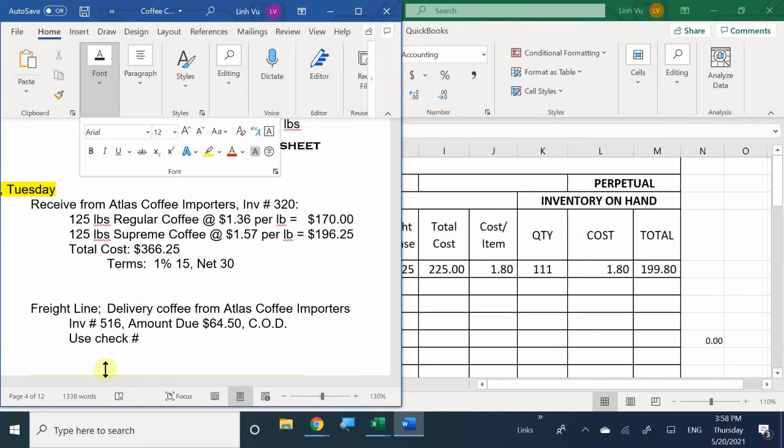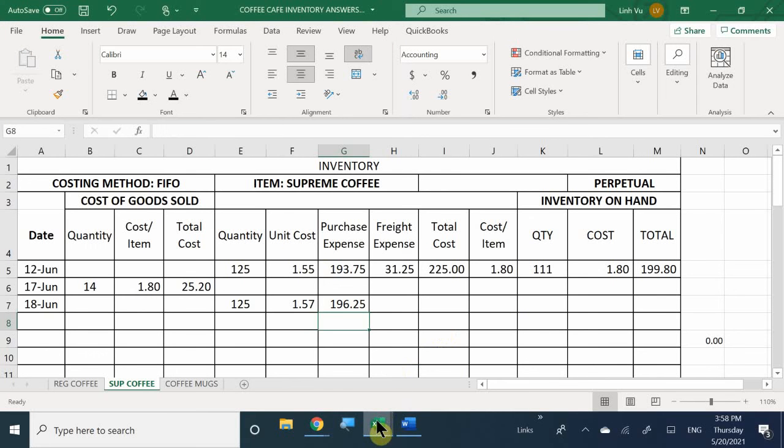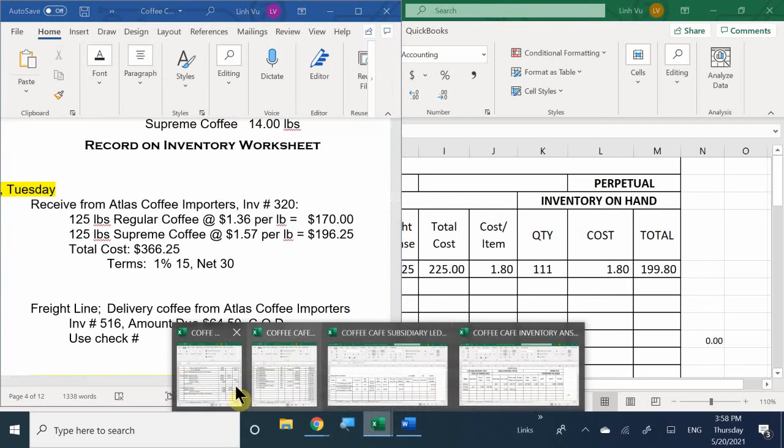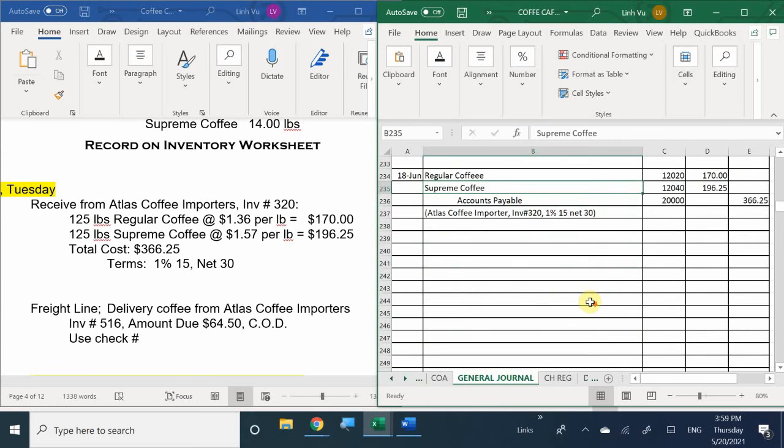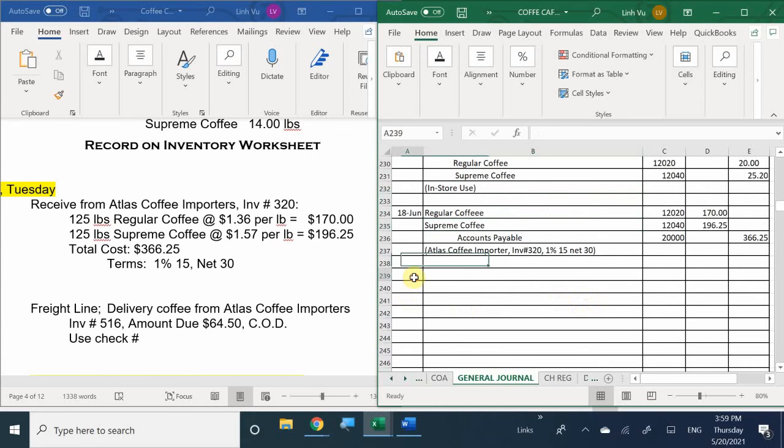So here, what did we receive? We received delivery. Oh, sorry. Let's go back to here. There you go. So the date will be 6/18.